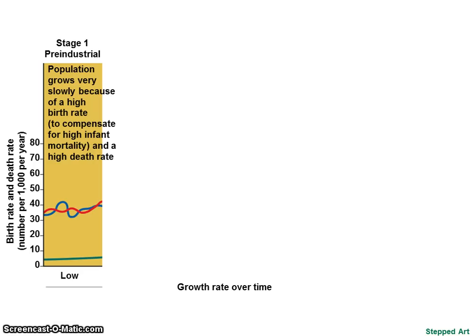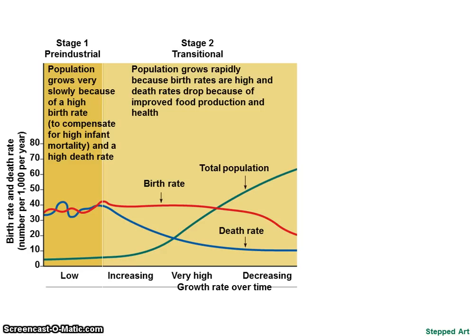This is a hunting-gathering, nomadic society, and times are very tough, so a very high death rate. So for pre-industrial, what you need to remember is that birth rate and death rate are both high. Because of that, we have low to almost no population growth, very small growth in our population.